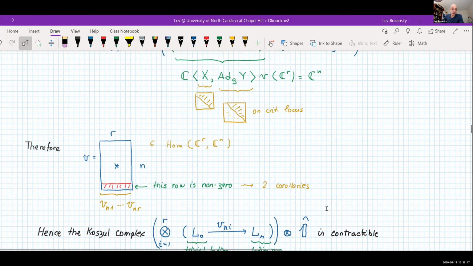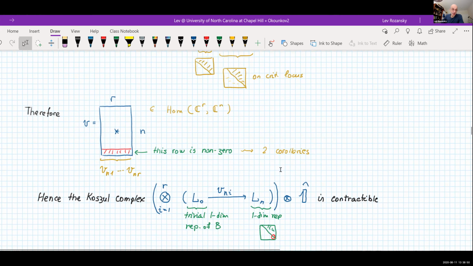And this has two corollaries. Well, before I mention the corollaries, here is what it means. Consider a Koszul complex. So L0 is trivial one-dimensional representation of, I'll be playing with the matrix factorization for the identity braid. So for me, left Borel action and right Borel action are equated by the fact that the second flag is also standard, so it's parameterized by Borel.